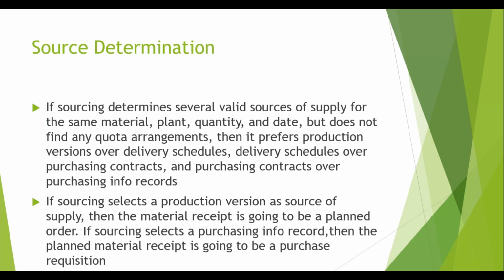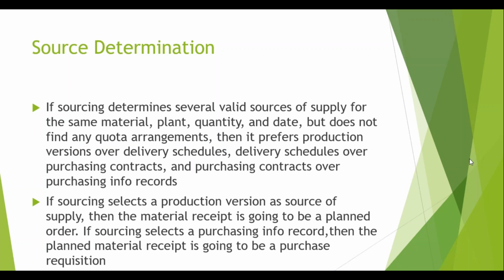In case of material purchase from outside, if sourcing selects the purchasing info record, then the planned material receipt is going to be the purchase requisition. So it will create a purchase requisition when the material needs to be purchased from outside.